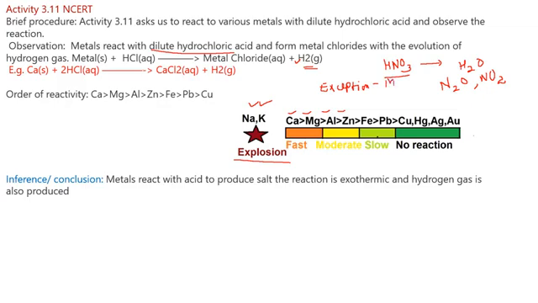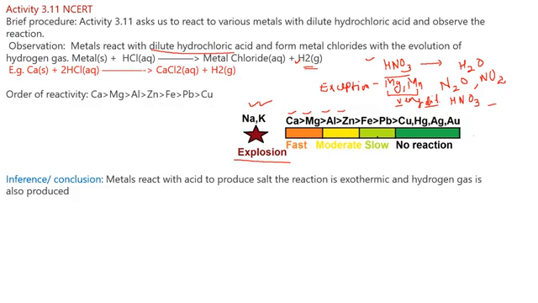Magnesium and manganese react with very dilute, this 'very dilute' is a very important word, dilute HNO3, nitric acid. So this you have to remember. This is a very important point on this particular reaction, right?